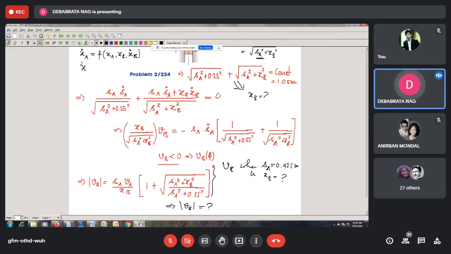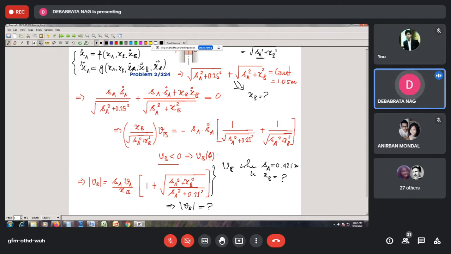And x double dot A, the acceleration of block A, can again be some mathematical function of XA, XB, x dot A, x dot B, and it can also be a function of x double dot B. So normally these are the things.